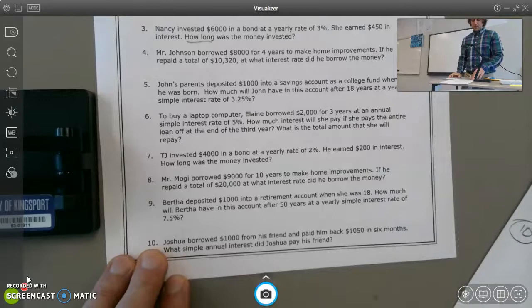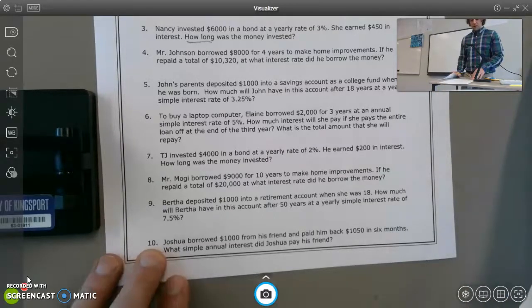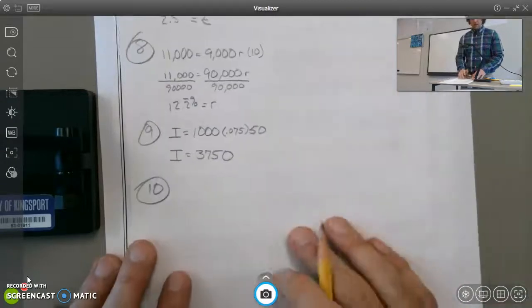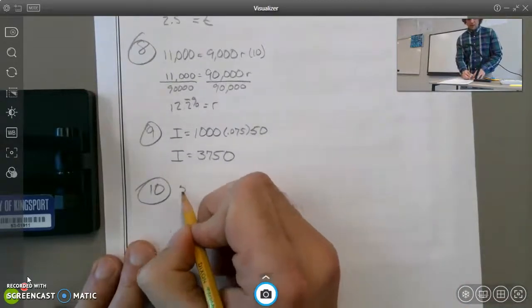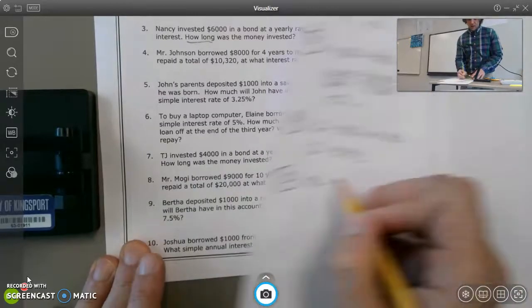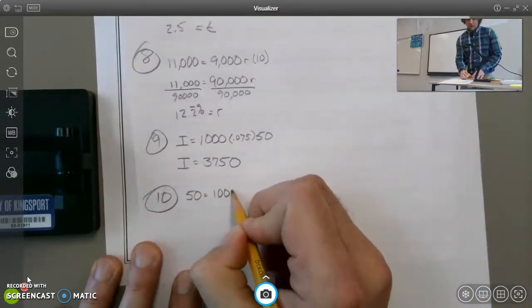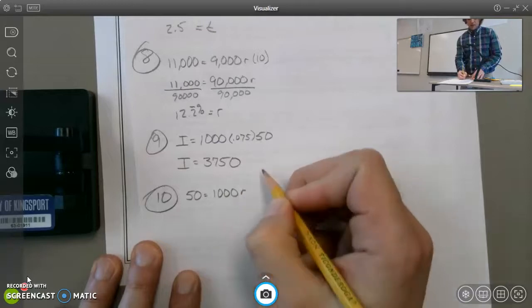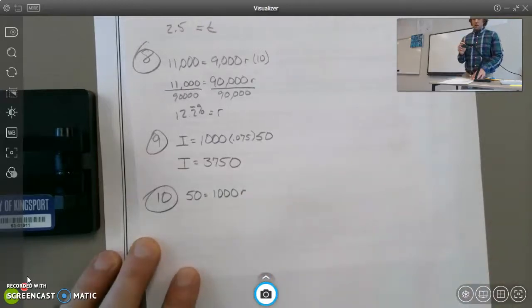Joshua borrowed $1,000 from his friend and paid him back $1,050 in 6 months. Ooh, this one is good. He paid $50 interest. He borrowed $1,000. We want to know what the rate is, but the real question here is what was the time?